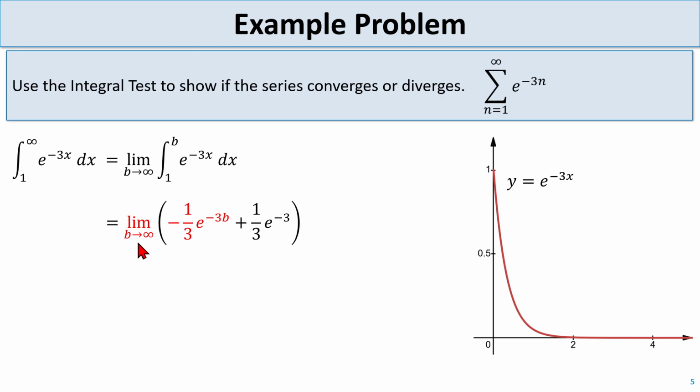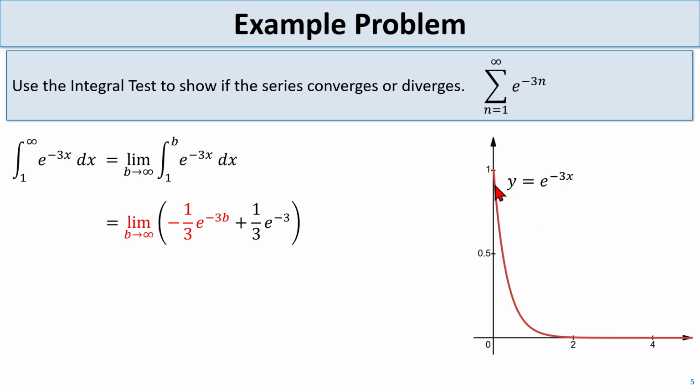We now need to evaluate the limit as b goes to infinity. The second term doesn't have a b in it. It's just a constant, so it's not going to change when I take the limit. But the first term has e to the negative 3b. And for the exponential function e to the negative 3x, for example, we actually have the graph right here.